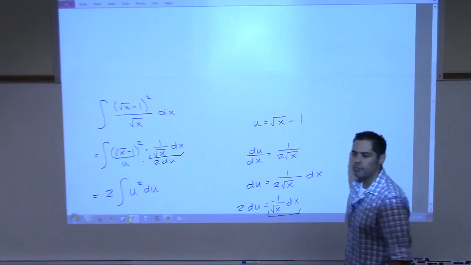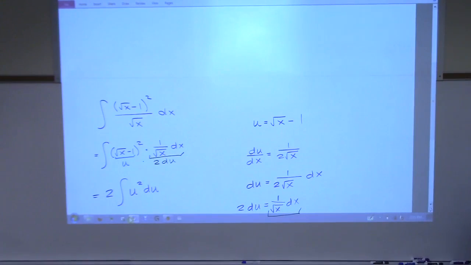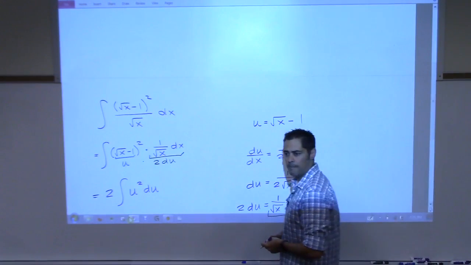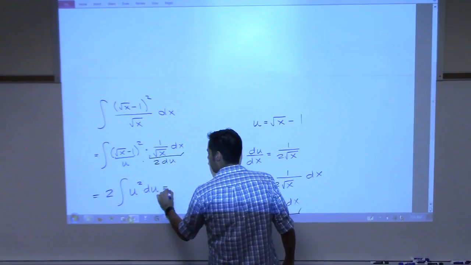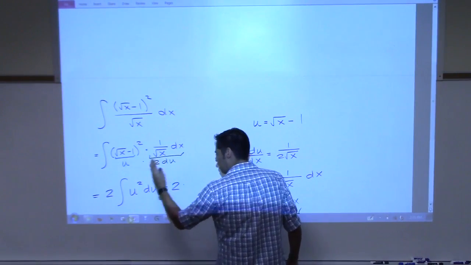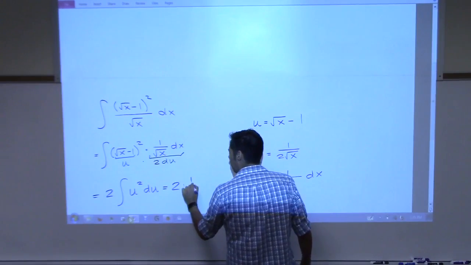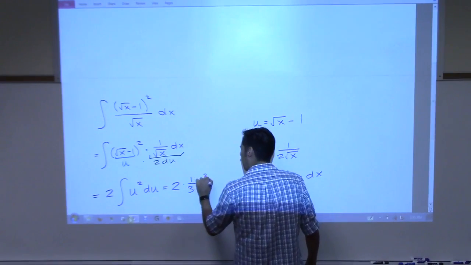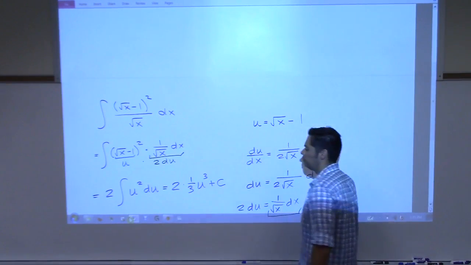And for that, it's just a power rule, right? You're looking at the u squared in there. You're saying, what's the antiderivative of u squared? 1/3 u cubed, right? So no more integral sign, because I'm actually taking the antiderivative now. 1/3 u cubed plus some constant.